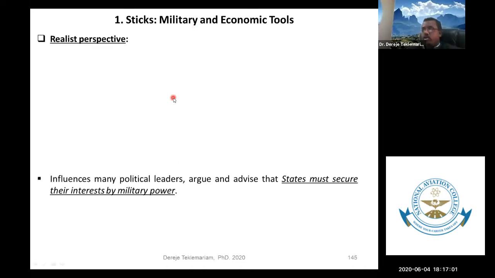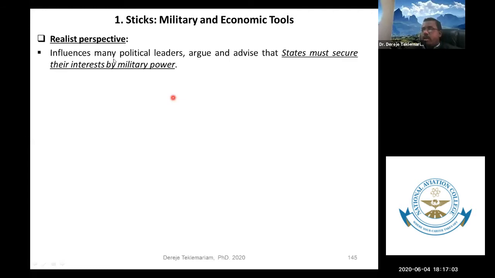Writers and experts in this area strongly influence many global political leaders, and these realists strongly advise that states must secure their interests by military power. They say having military power is a key issue.